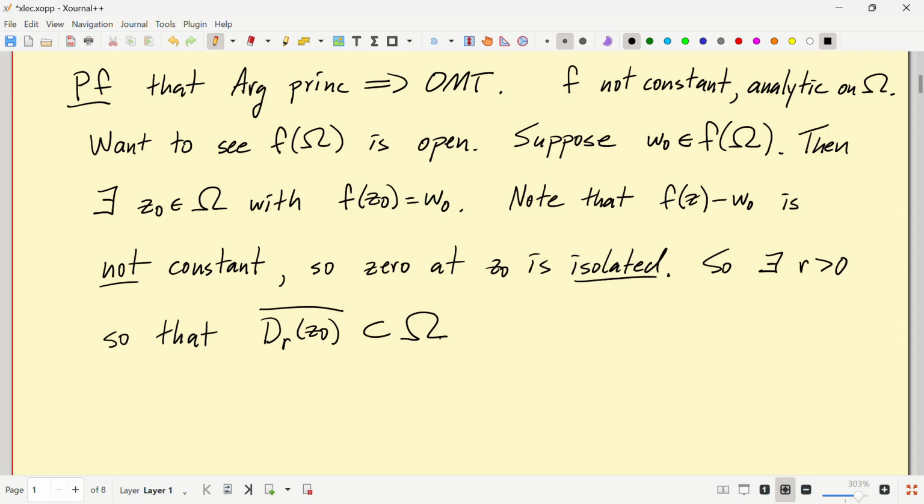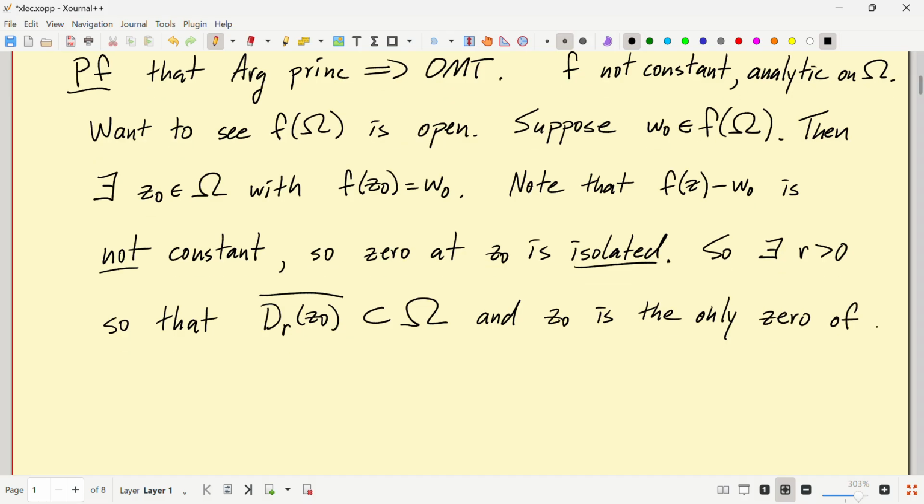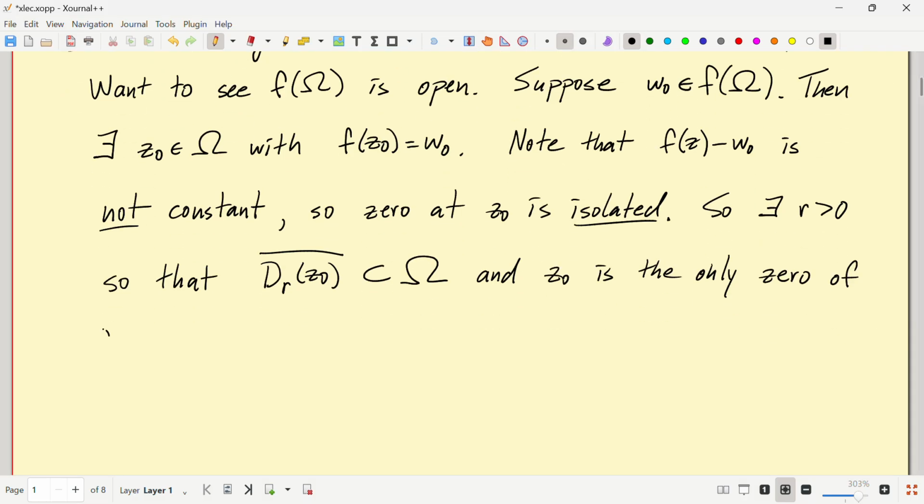So there exists a disk so that z naught is the only 0 of f of z minus w naught in that closed set.